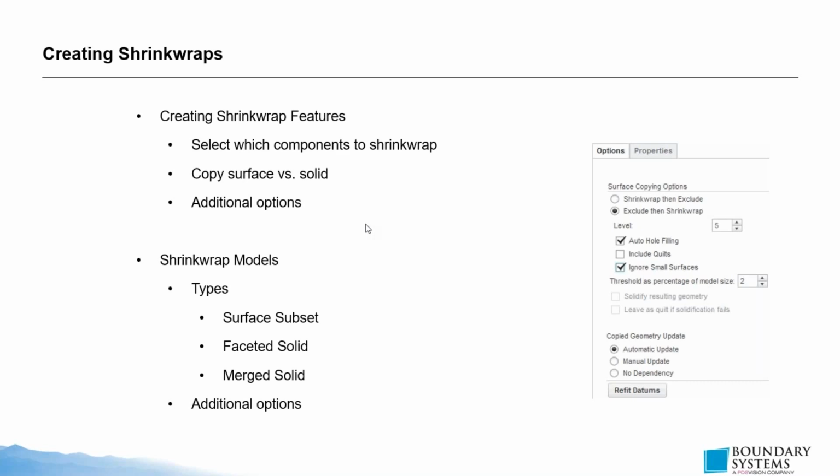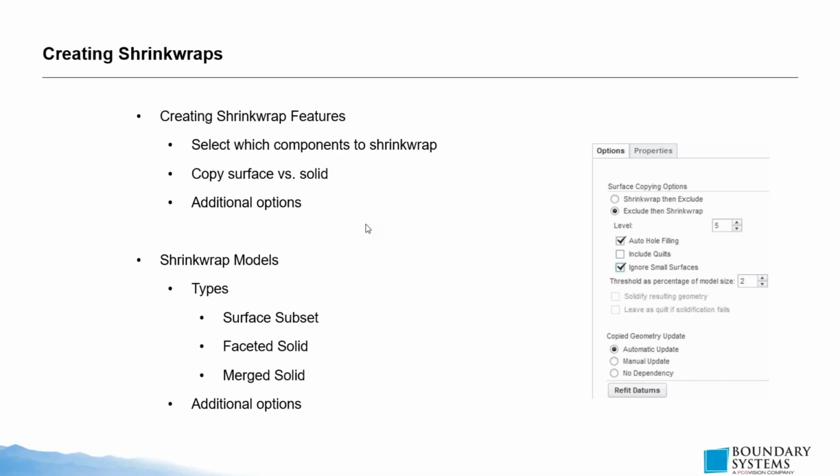So if you're in a big assembly, just right off the bat, you can exclude a lot of those components in your assembly. So with my whole motorcycle example, I could exclude everything but the engine there. And that way my Shrinkwrap feature won't even have that data from those other features in it at all.